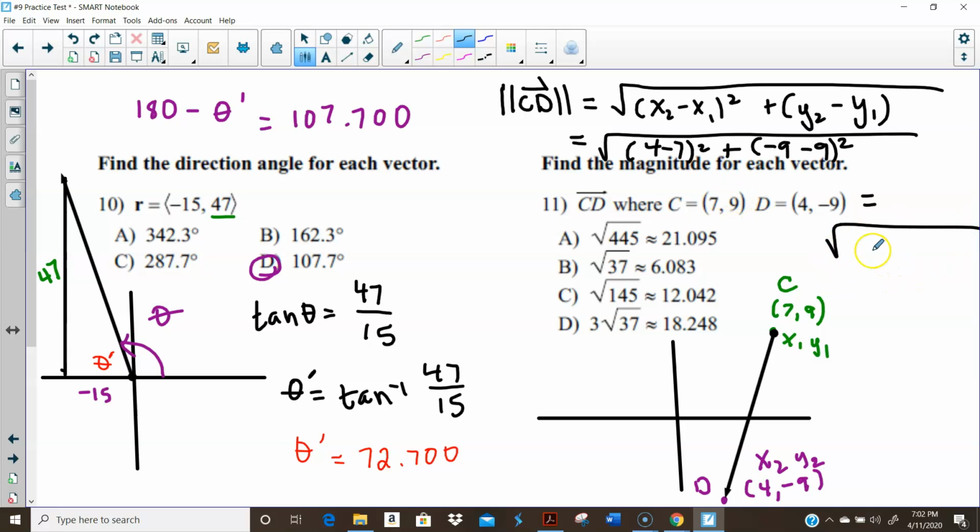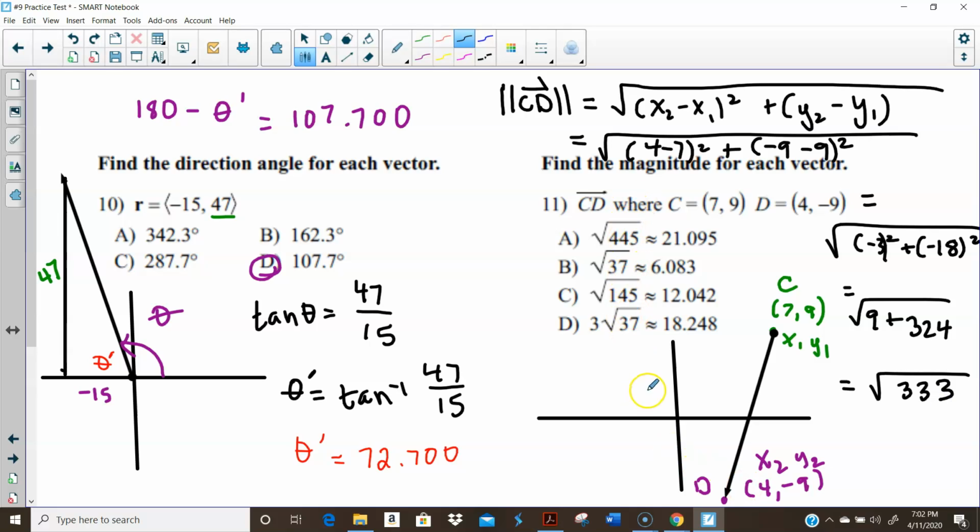So 4 subtract 7 is negative 3 squared, plus negative 18 squared. That's going to be the square root of 9 plus, let me do 18 squared, 324. This is going to equal the square root of 324 plus 9, which is 333.